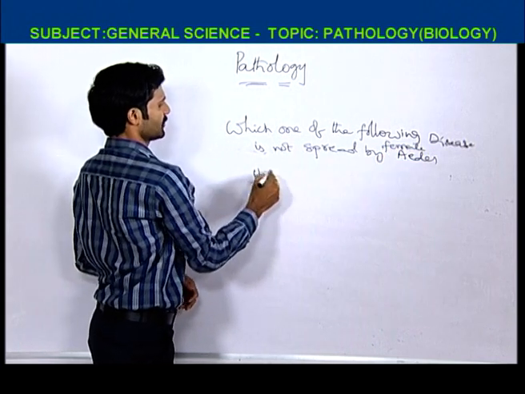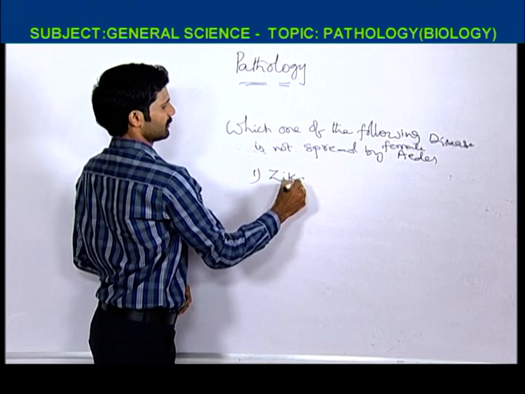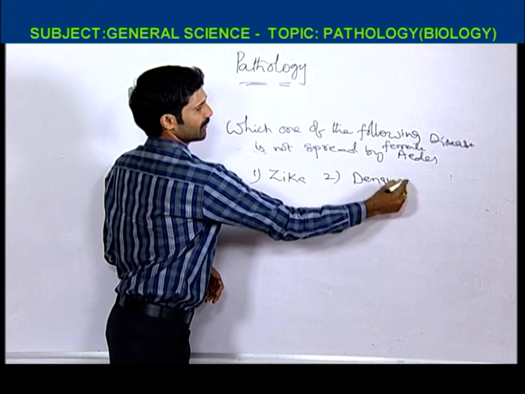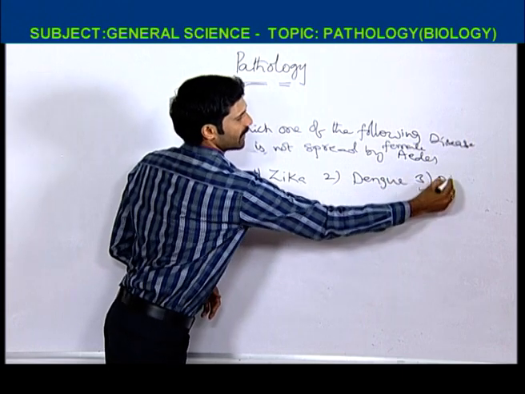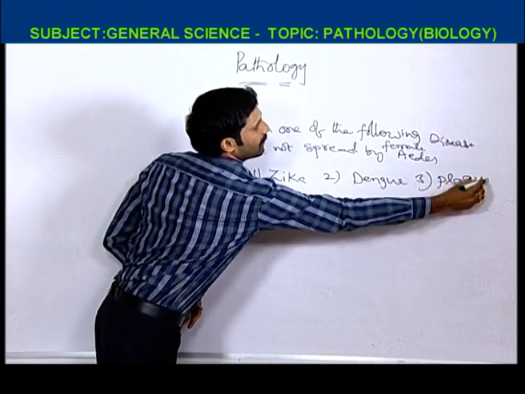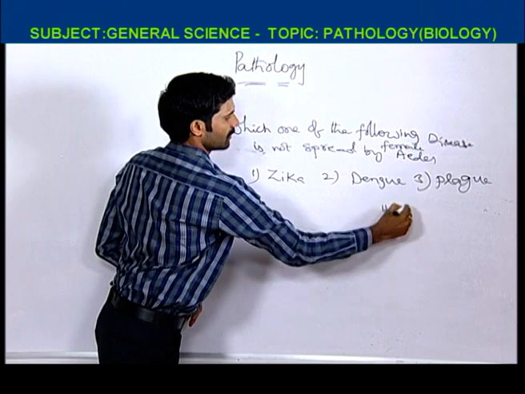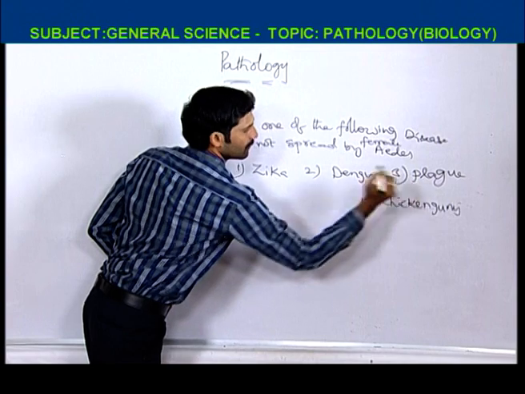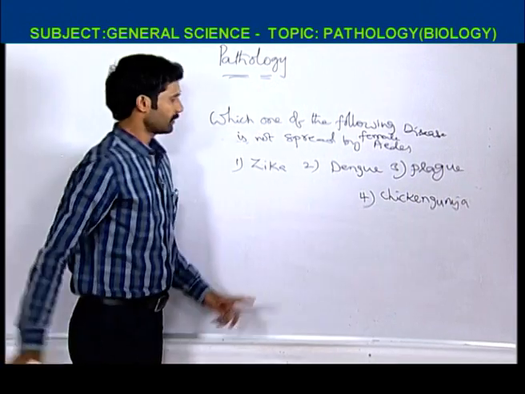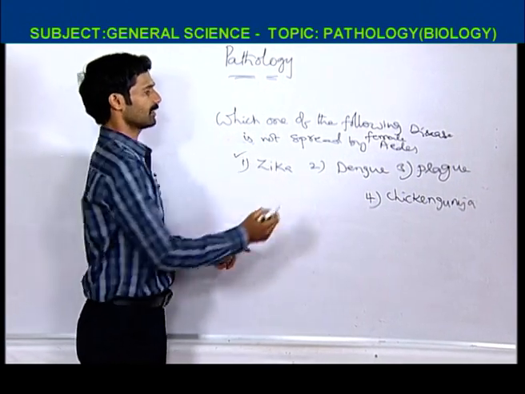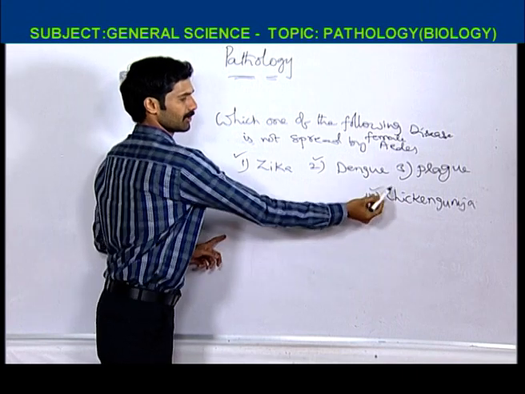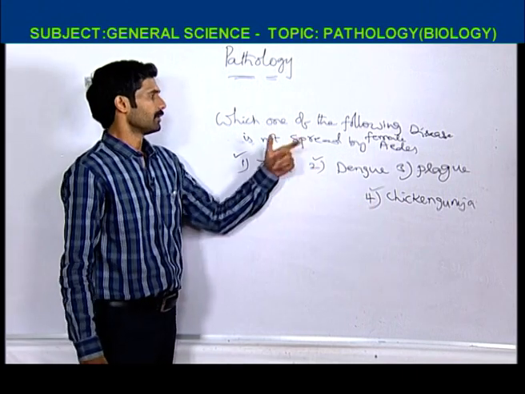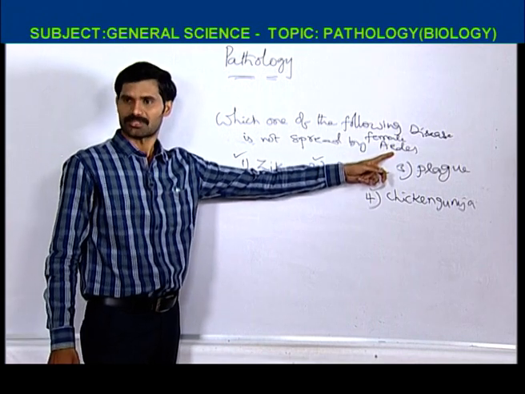The options are: first, Zika; second, dengue; third, plague; and fourth, chikungunya. Zika, dengue, and chikungunya are spread by the female Aedes mosquito.